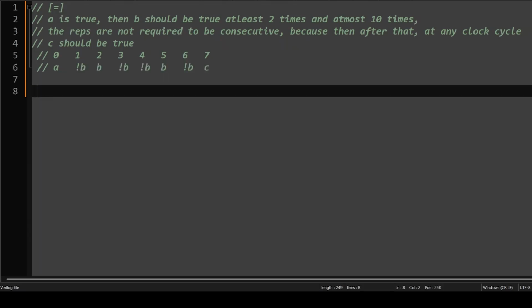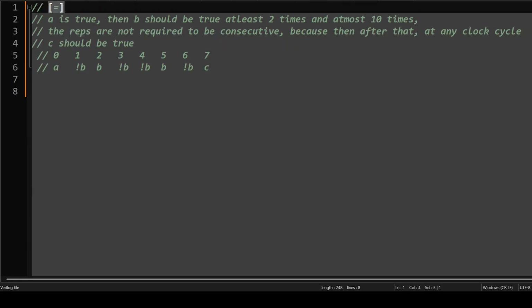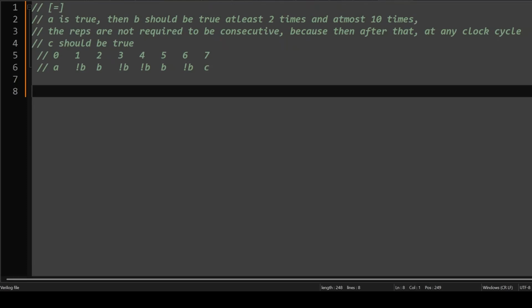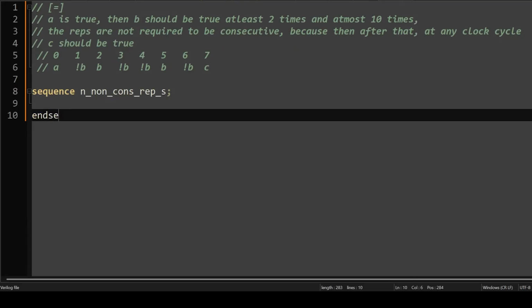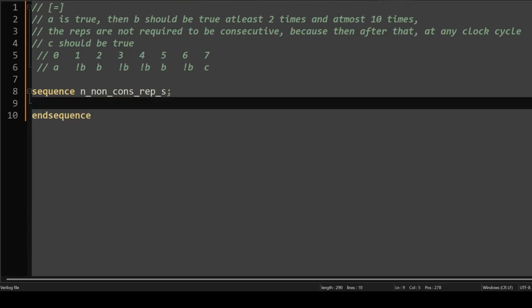So let's begin writing that sequence, but first without the non-consecutive repetition to help understand it better. First I will write N, which basically means not, so it's not a non-consecutive repetition, and S, which denotes sequence. So A should be true.